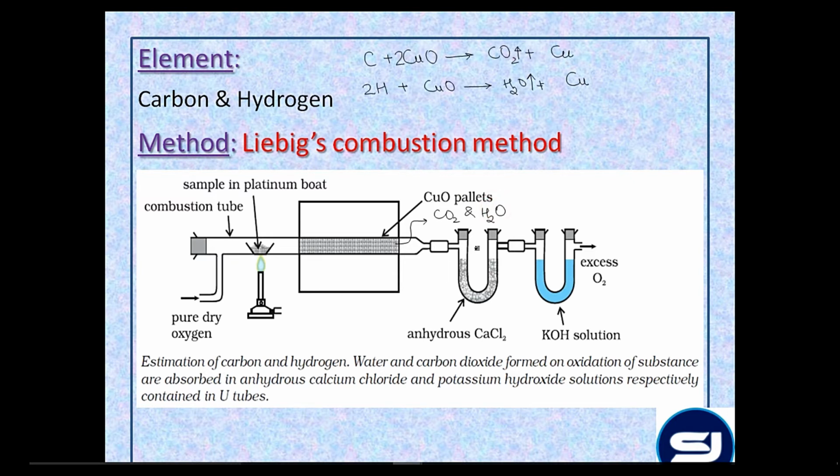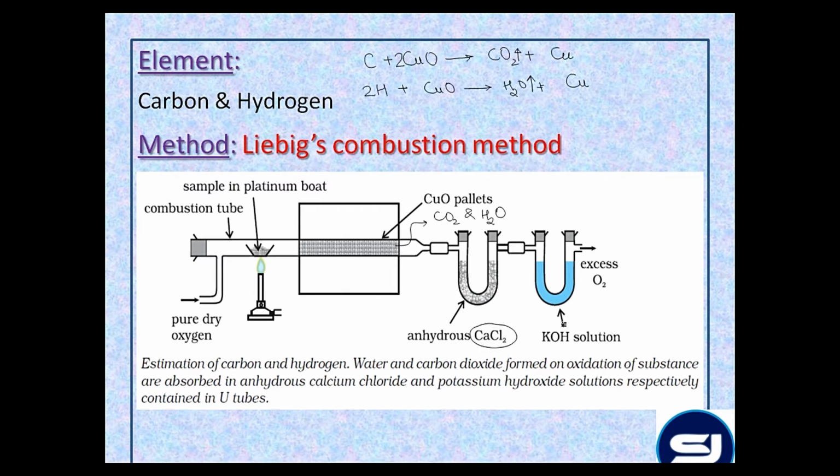Then they are passed through the U-shaped glass tubes containing anhydrous CaCl2 and KOH solution. So the water vapors are absorbed by anhydrous CaCl2, and the carbon dioxide, being an acidic oxide, is absorbed in KOH solution. So the predetermined weight of anhydrous CaCl2 after absorption of H2O will increase.